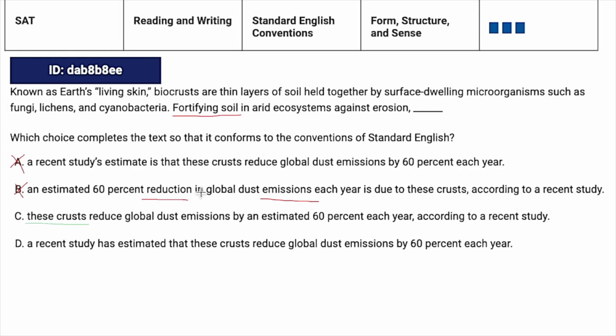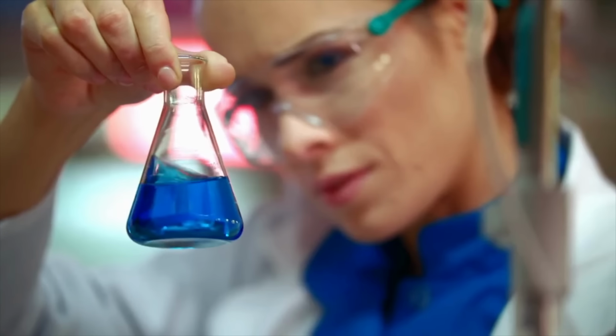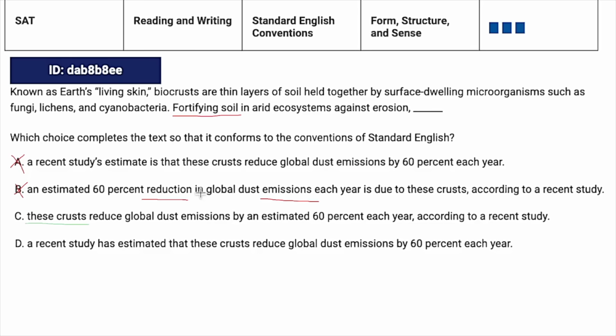All right, so can this physical thing, these crusts, fortify soil? I mean, I don't know. I'm not a scientist, but is it possible? Yes, because this is the first actual physical thing that we have that could have a physical effect. So C, I'm going to keep.